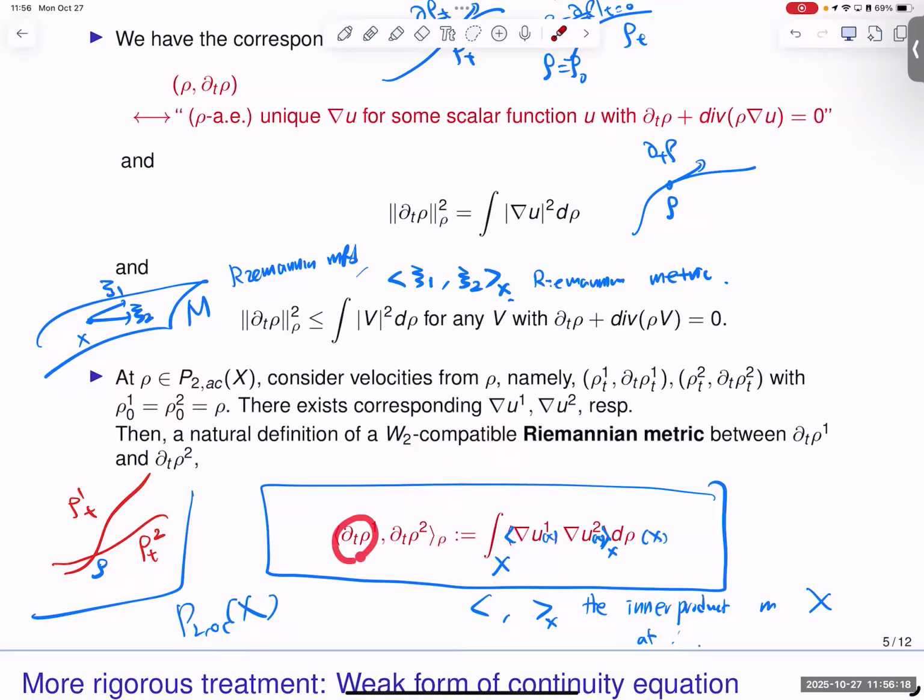Yeah. So each curve has this corresponding partial t. These are just two curves and then the velocity of the curve. Nothing but that.